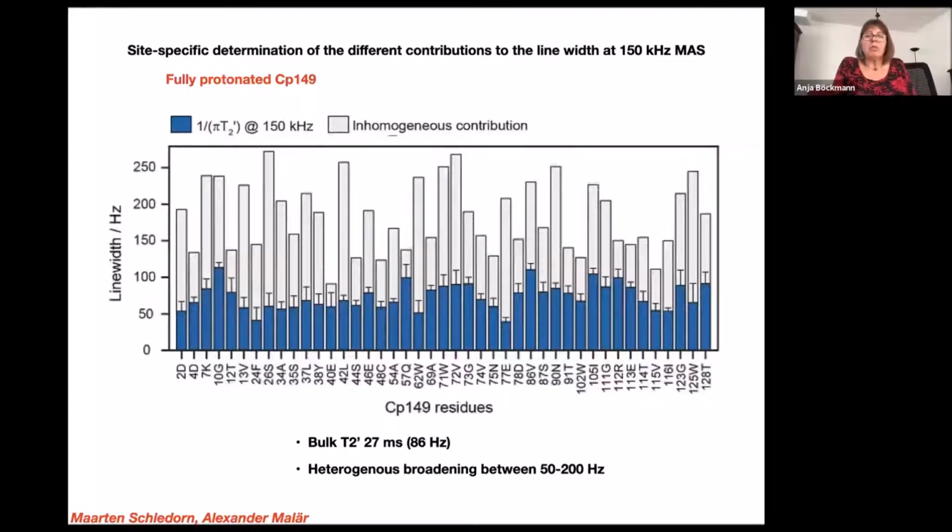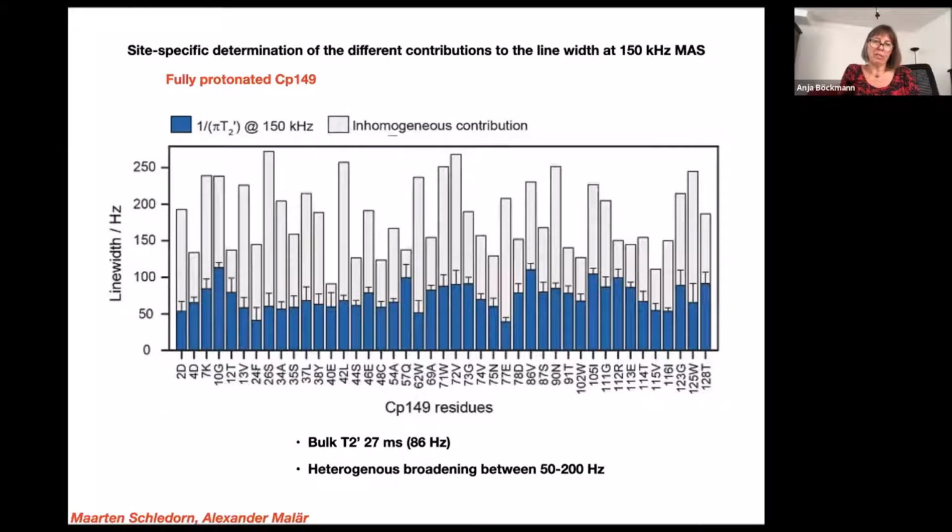We also wanted to see what this gives if you go to even higher magic angle spinning frequencies. So this is at 150 kilohertz MAS, with a 0.5 millimeter rotor. So this is fully protonated CP149. And you can see actually that the homogeneous contribution is getting really small.